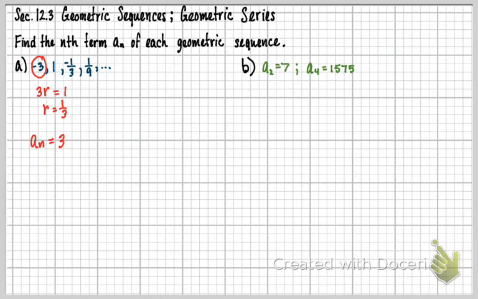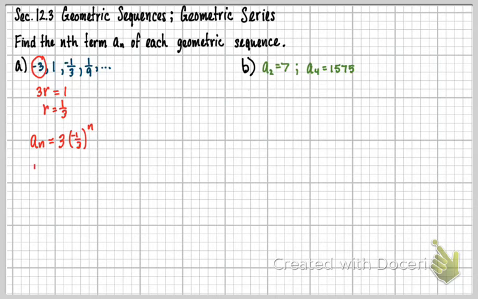So there's my 3, and that's my first term. And then I'm going to have my ratio, which is 1/3. Now again, remember, I'm going to have this sign flopping back and forth. So let's say I put an n there and put a negative in here. Okay, so that means when I put a 1 there, now I'm just trying this. I'm not sure if it's going to work or not.